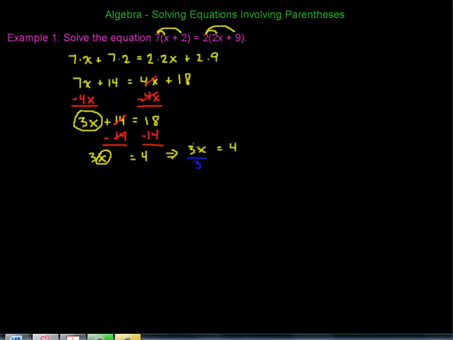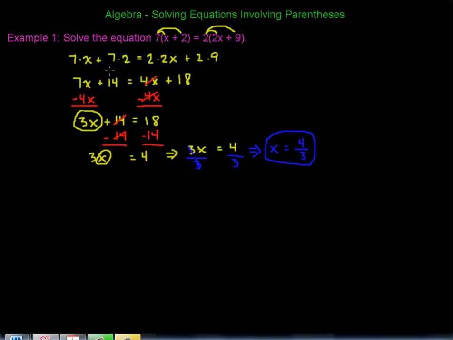If I divide by 3 on the left, I must also divide by 3 on the right-hand side. The 3's cancel out, I end up with x equaling 4/3.